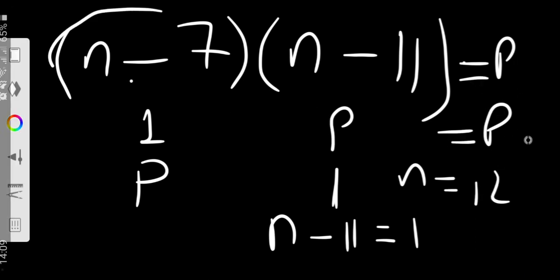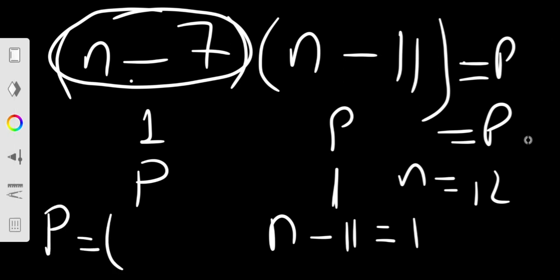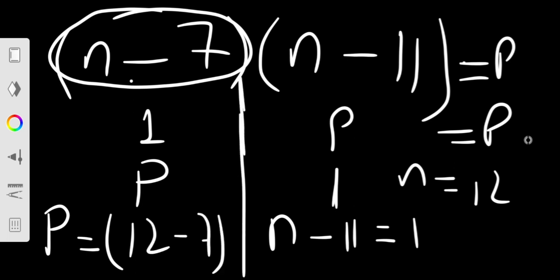So now p is equal to n minus 7, which is 12 minus 7. Okay, so 12 minus 7 is 5, right? Yes, 5. So p is equal to 5, and this is our answer.